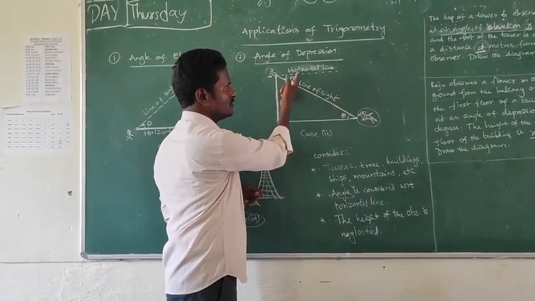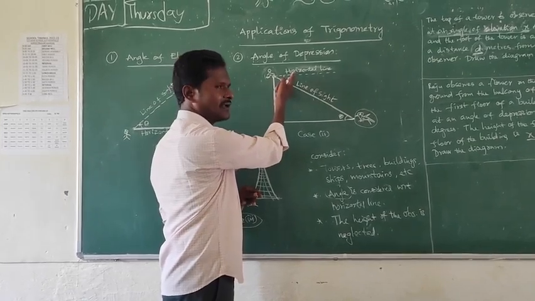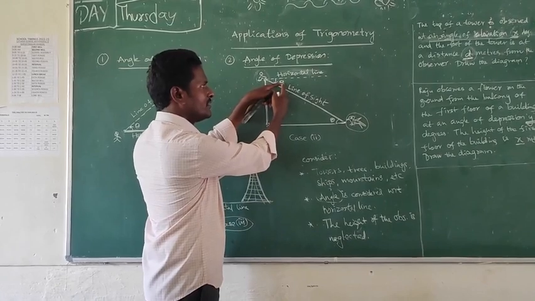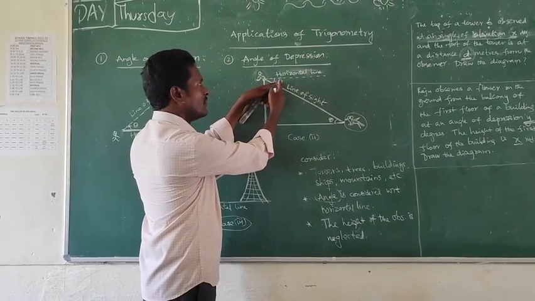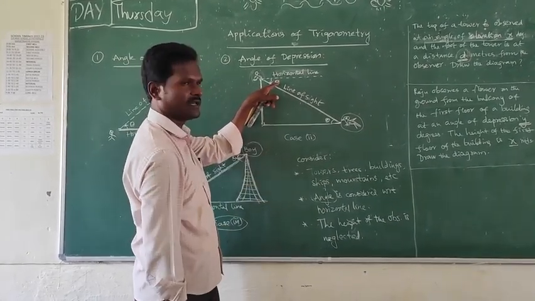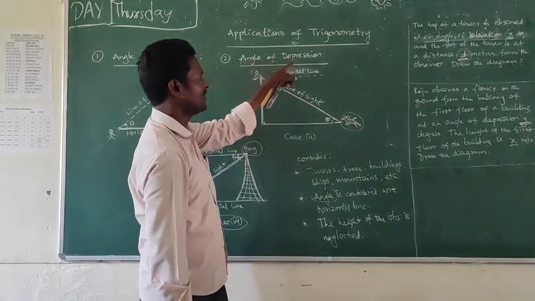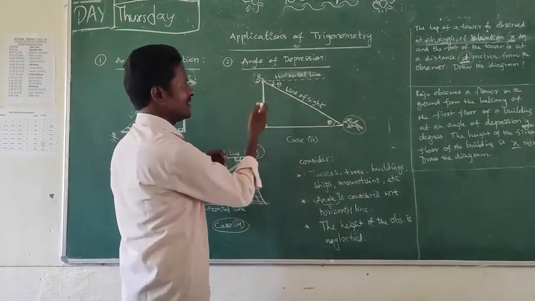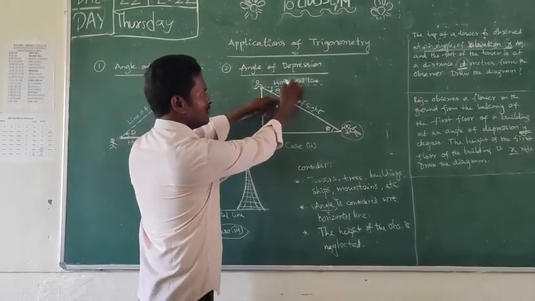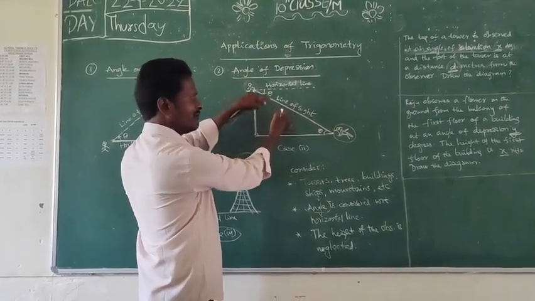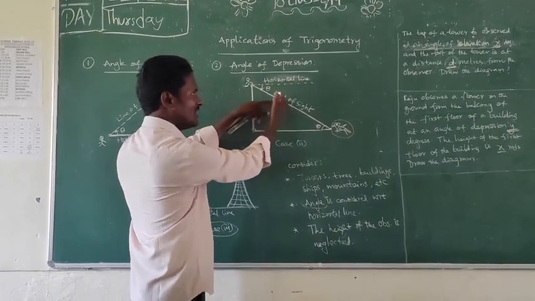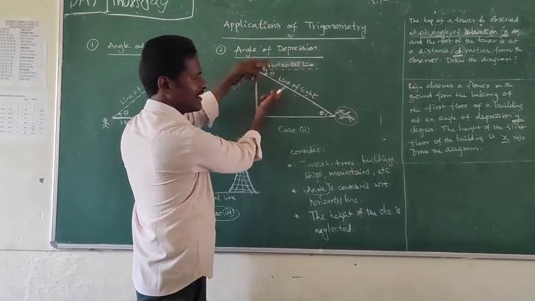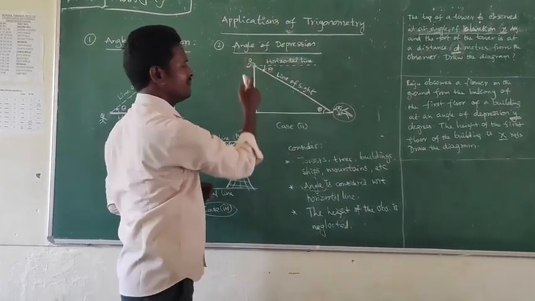Between these two lines, horizontal line and line of sight, an angle is formed. So this angle is called angle of depression. Here the main thing we have to remember is the line of sight is below the horizontal line. So when the line of sight is below the horizontal line, the angle between horizontal line and line of sight is called angle of depression.